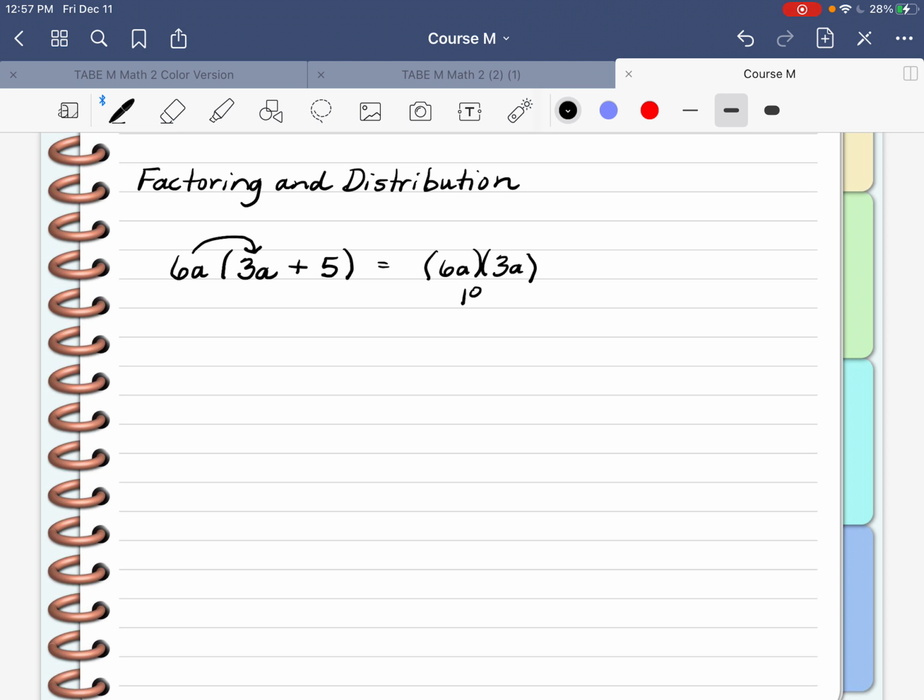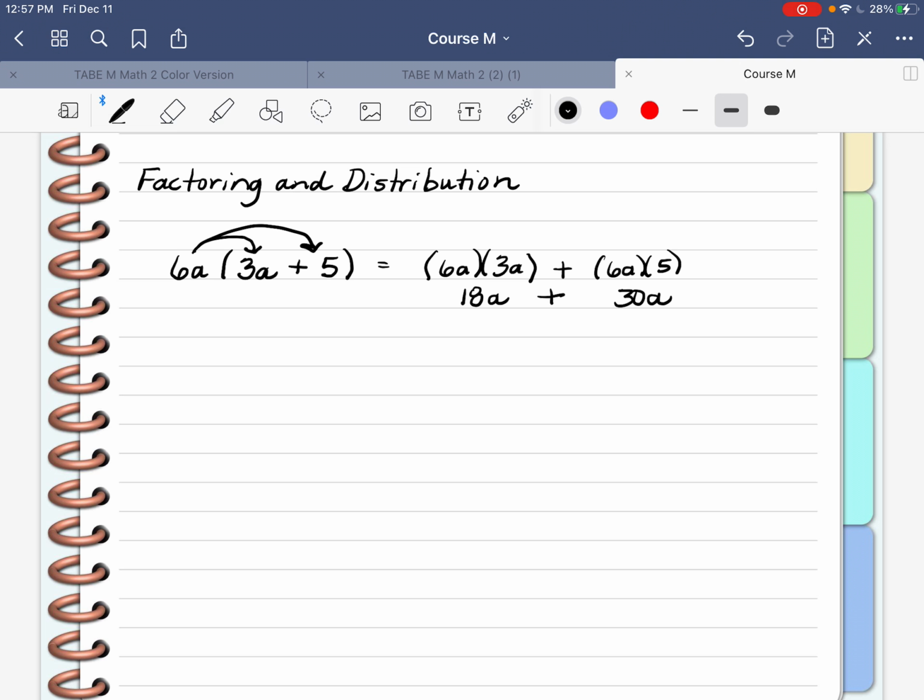That's 18a. And then 6a times 5. That's going to be 30a. So we have built up to a binomial. That is distribution.